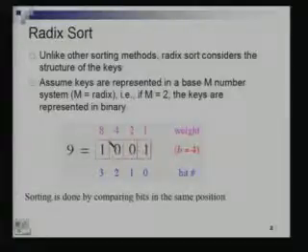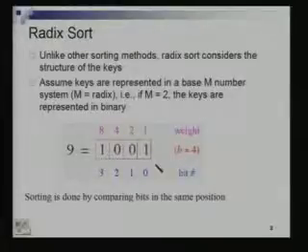In radix sorting, the sorting is done by comparing bits in the same position. So instead of comparing 9 with 11, we are not going to compare 9 and 11, we are just going to compare the bits in 9 and 11. Which bits? Let's say we look at the bit at position 3 and compare them.